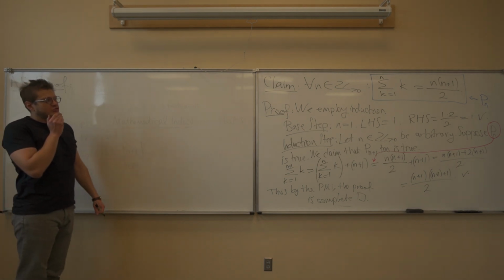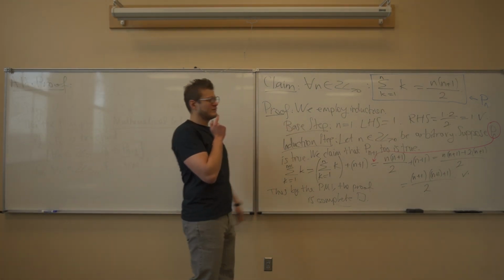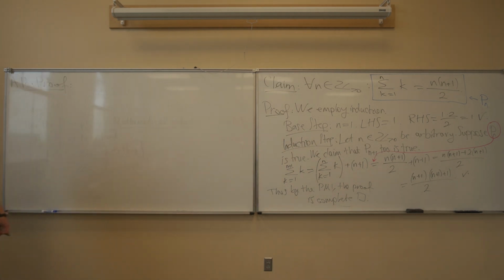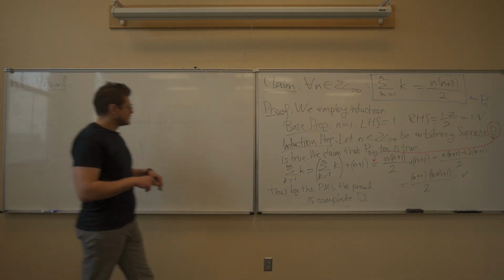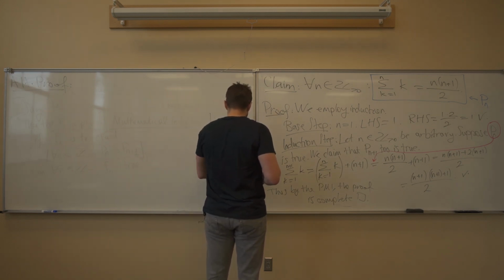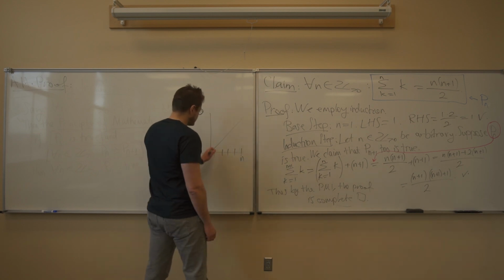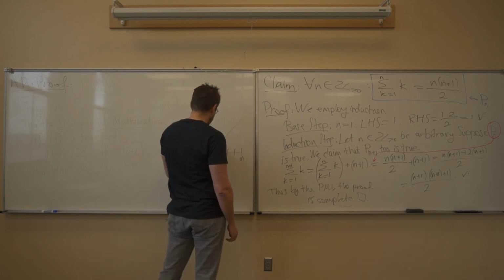Which kind of does make sense too, because you can think of the left-hand side as some sort of integral, right? It's the integral of x, basically. Not quite. It's sort of like a Riemann sum. Like this. And then if you had this, let's say you do something like this.